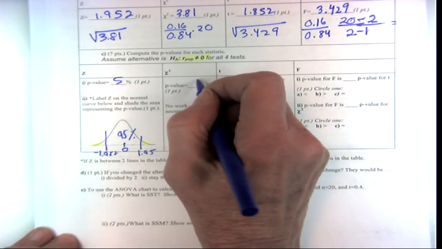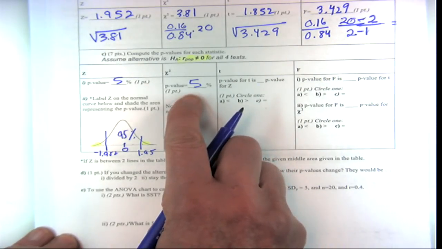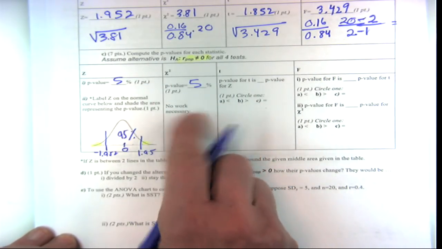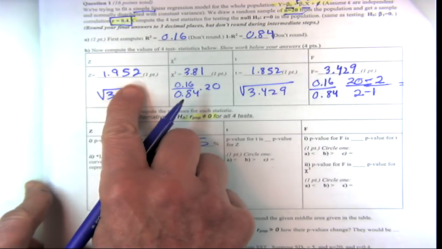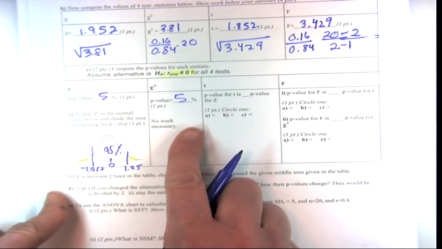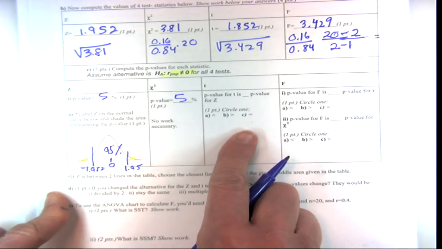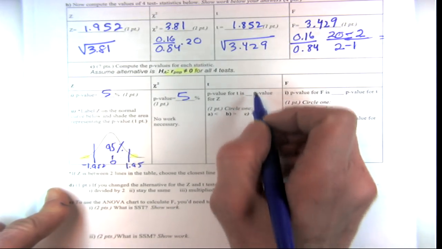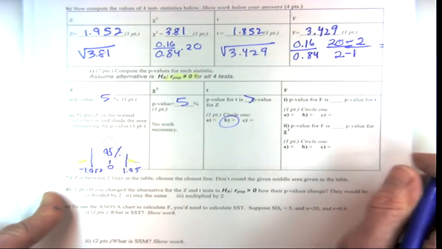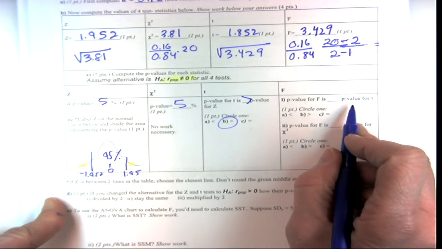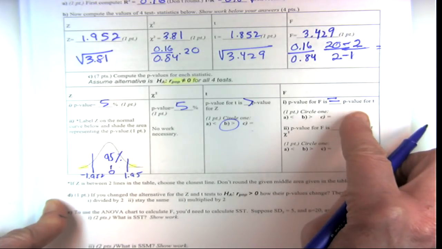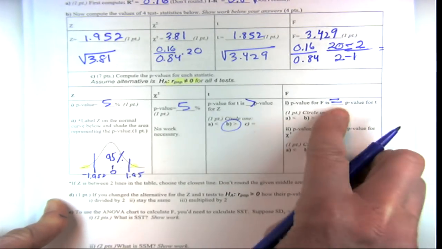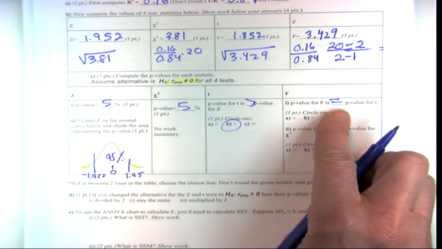And so now this is 5% because the chi-squared always gives the same. Chi-squared is based on r squared. This always has to be positive. Whereas this could come out positive or negative. All right, now this is the p-value for, this is always greater. And the p-value for f is always equal to the two-sided p-value for t. In this case it is. Otherwise the p-value for f would be twice as big as the one-sided.